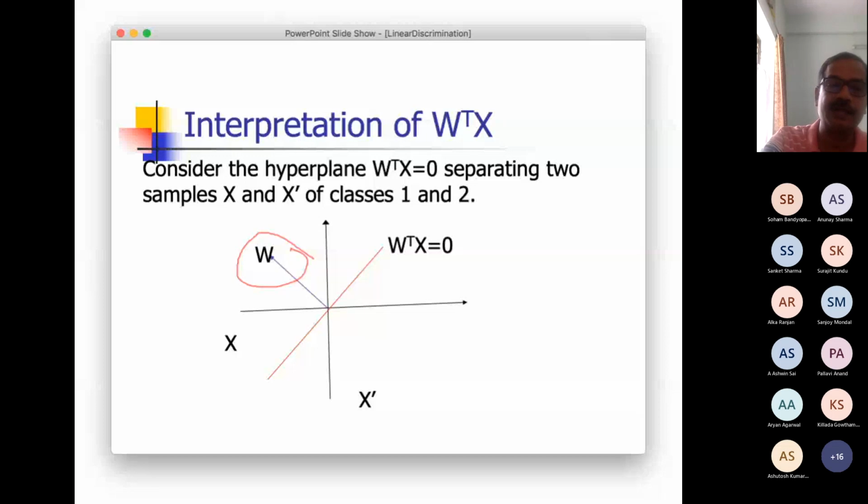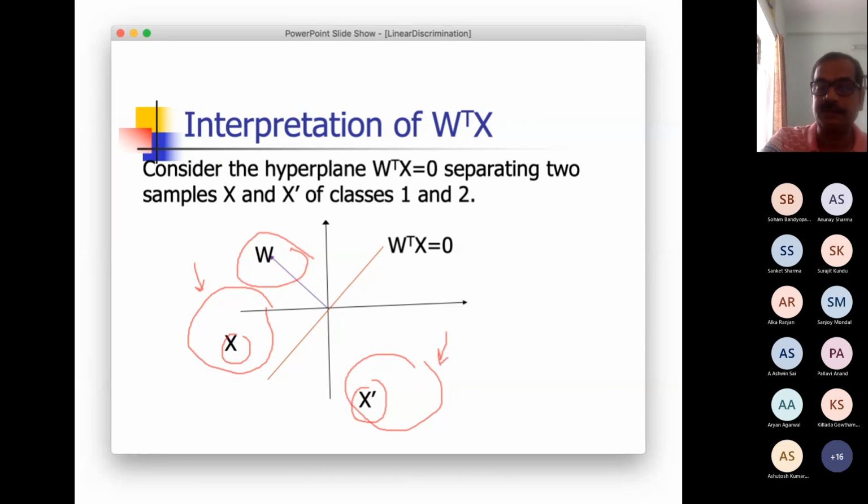If X belongs to class 1 and X prime belongs to class 2, then this is the correct classification with respect to these two samples. Similarly, our objective is to choose W such that every feature vector of class 1 lies in this space, and every feature vector of class 2 lies in the other space.